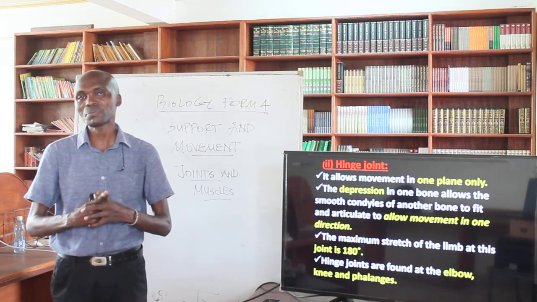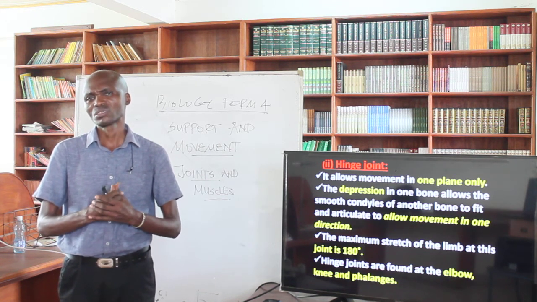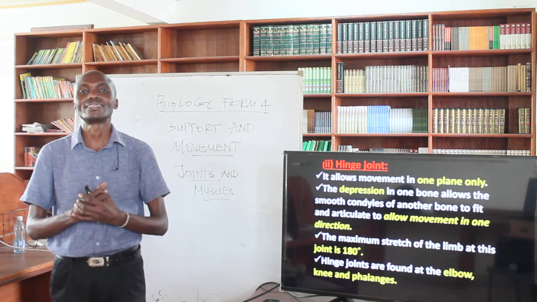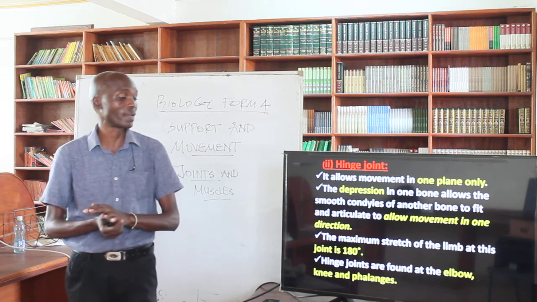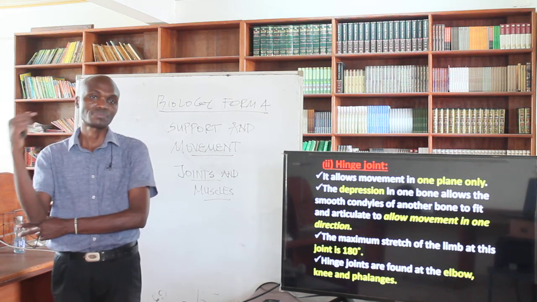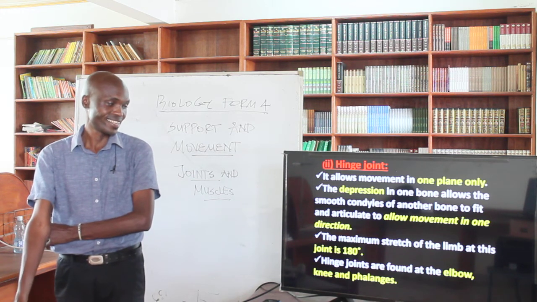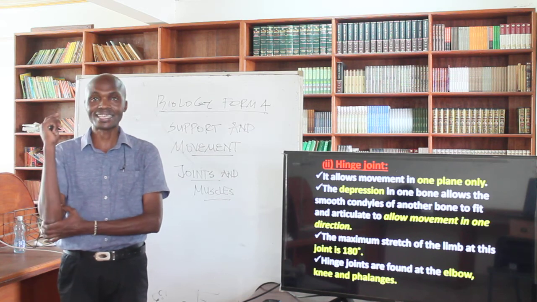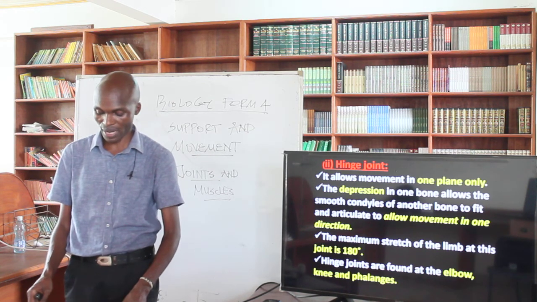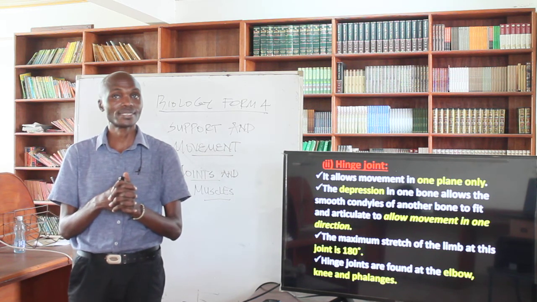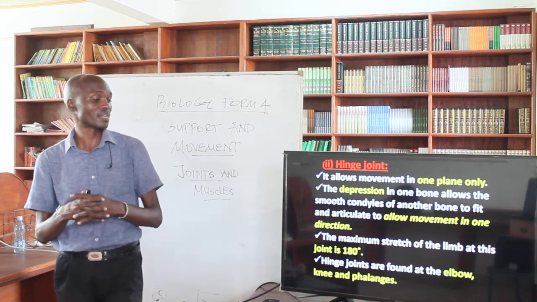So the maximum stretch of the limb at this joint is 180 degrees. Hinge joints are found mostly at the elbow, the knee, and the phalanges. So talking about a hinge joint being present at the elbow, and of course the phalanges, which are the fingers, and your knee.